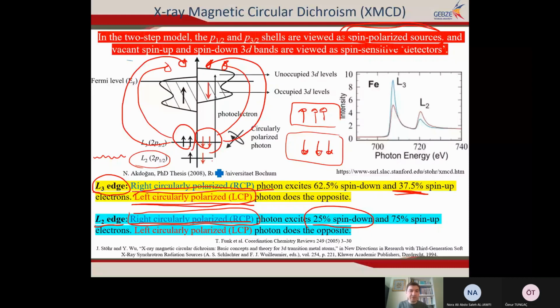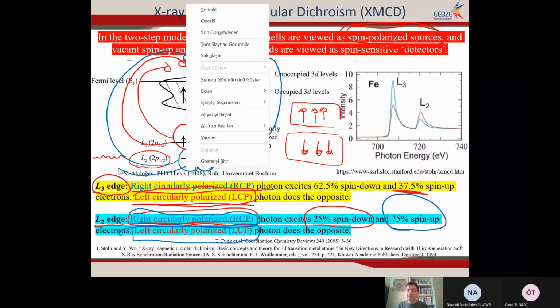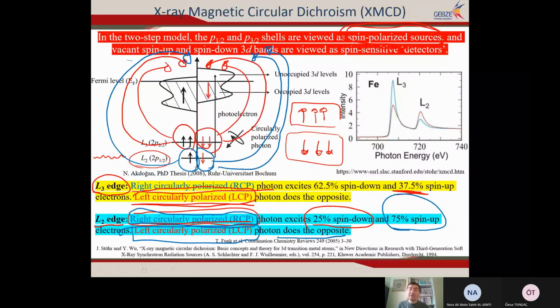But if you use left circularly polarized light, you excite 25% spin up electrons and you excite 75% spin down electrons. So this does the opposite. Okay, so depending on the incoming photon energy, depending on the incoming photon polarization, you excite different spin up and spin down electrons from the 2p levels. Okay, this is the first stage of the two-step model.